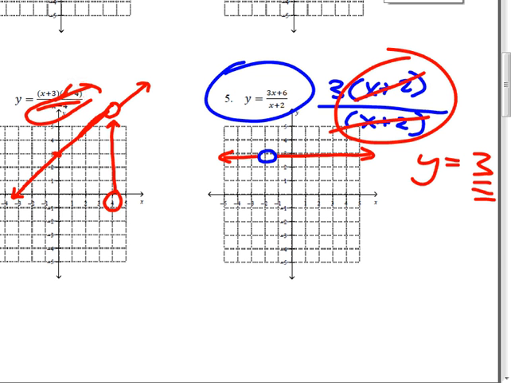So once everything cancels, the first thing to do is cancel everything. Once everything cancels out, you look at what you have left and you just graph that. And that's just an old school y equals x plus 3. You've graphed that since like 5th grade. Nowadays, in 5th grade, you might have done it with points.